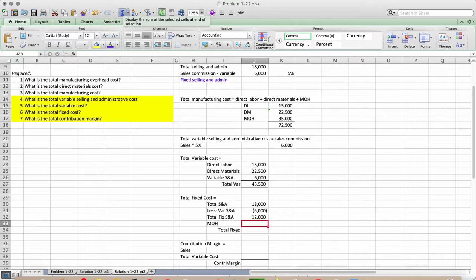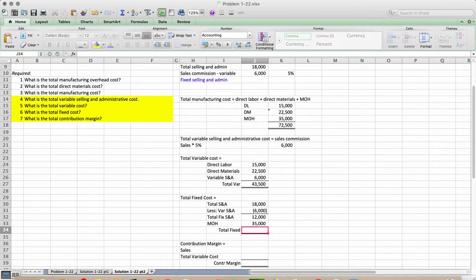Now, the problem doesn't say it directly, but we're going to add this total fixed piece of selling and administration costs with our manufacturing overhead cost, and that will get us to total fixed.